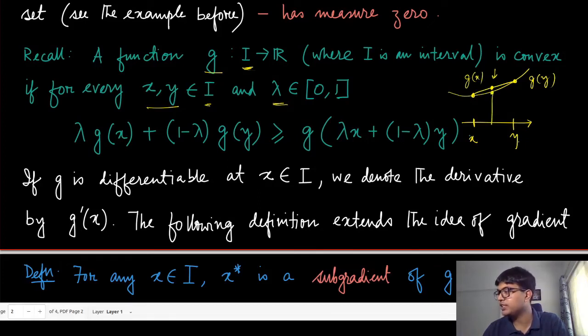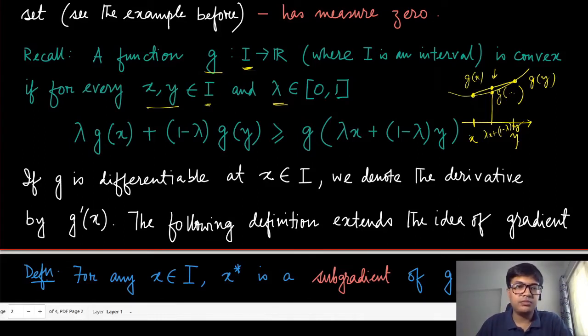So this is the point lambda x plus (1 minus lambda) y, and the g value at that point is going to be lying below that chord. So the chord connecting any 2 points will always be above the curve.